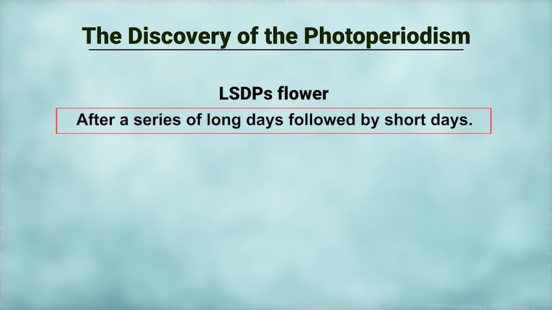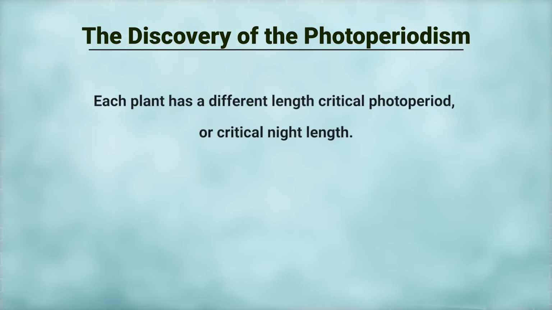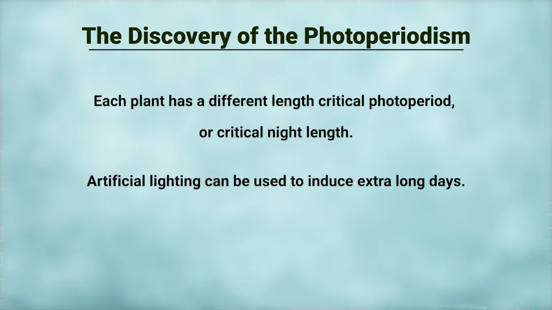Long-short day plants flower after a series of long days followed by short days, and short-long day plants flower after a series of short days followed by long days. Each plant has a different critical photoperiod or critical night length. Artificial lighting can be used to induce extra long days.